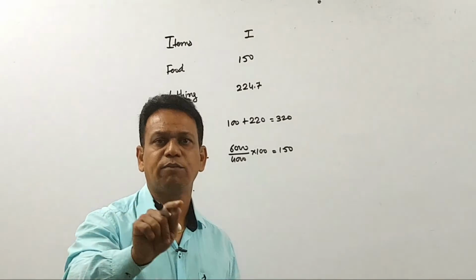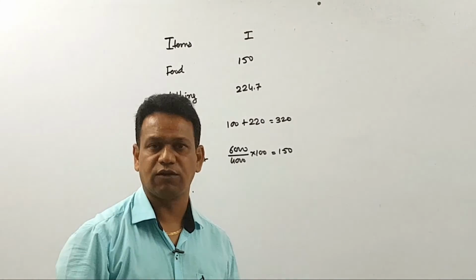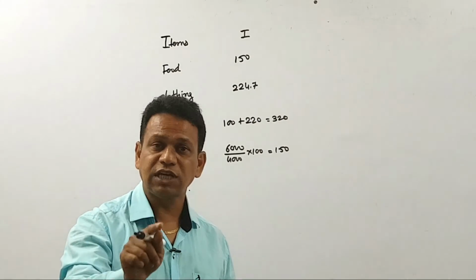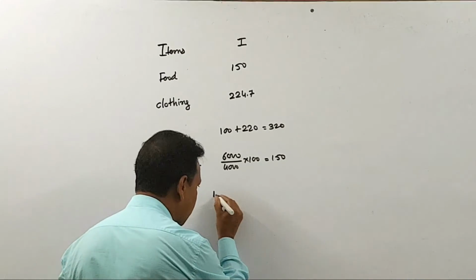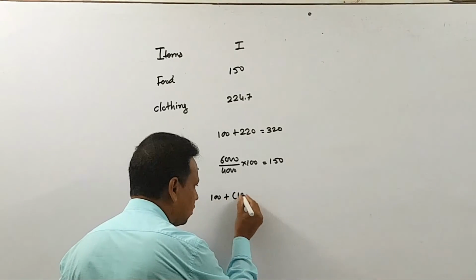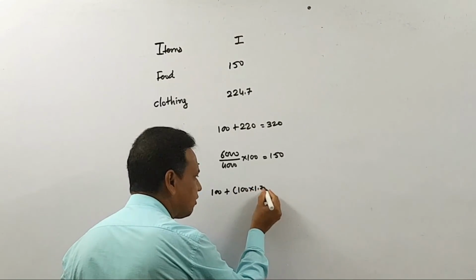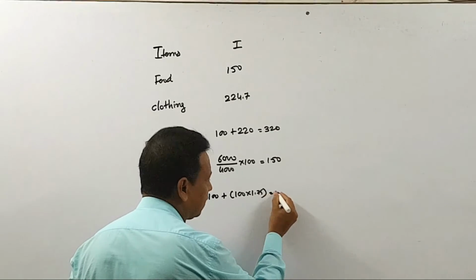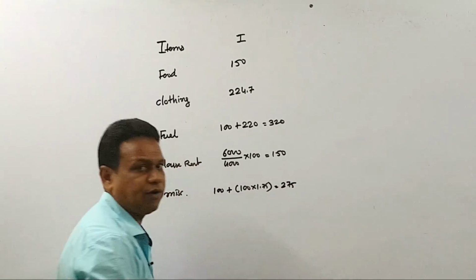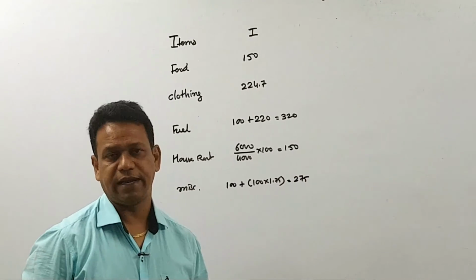So 100 into 1.75 is 175. And now read out, 175 is the increase. What it means? 100 plus 100 into 1.75. For your easiness, 100 plus 175, it is 275. It is my index number.